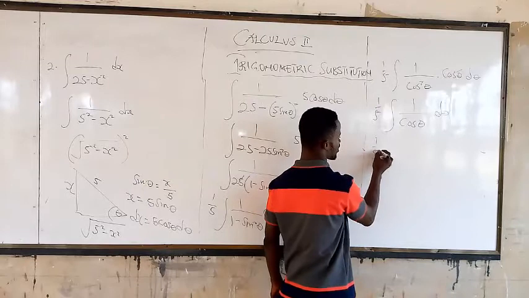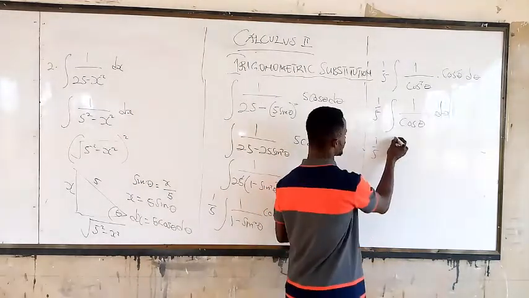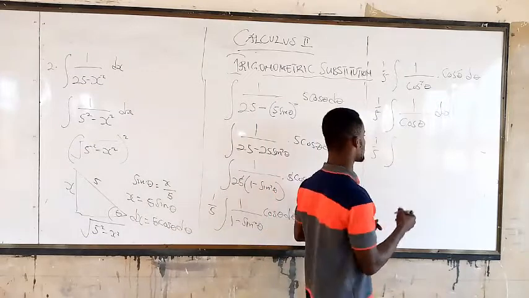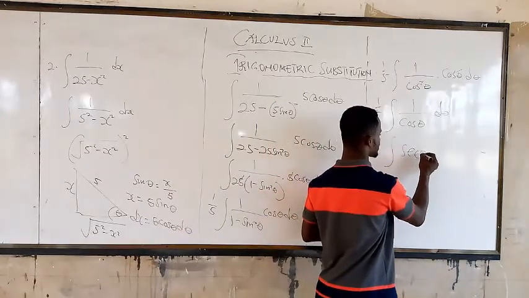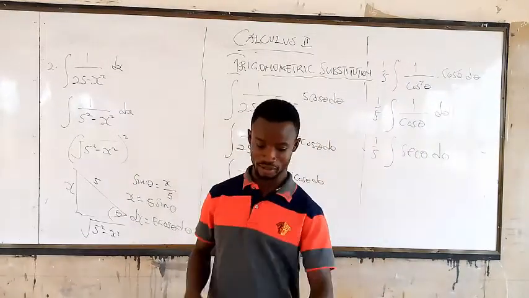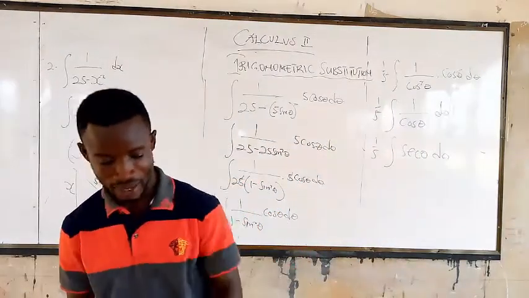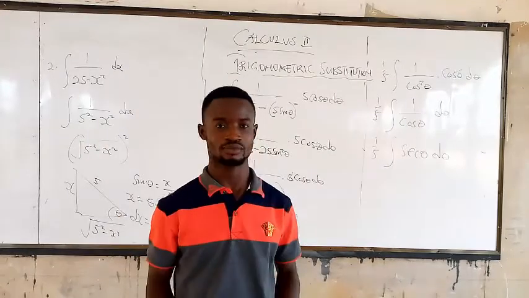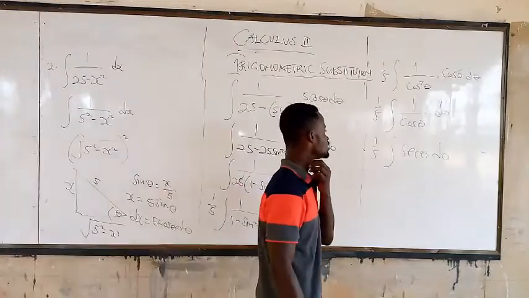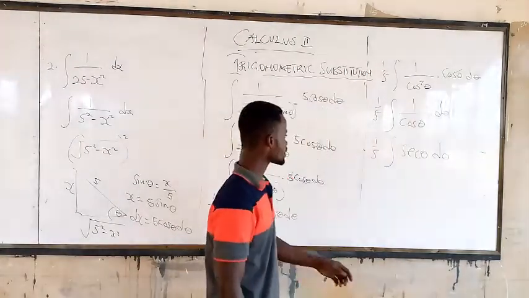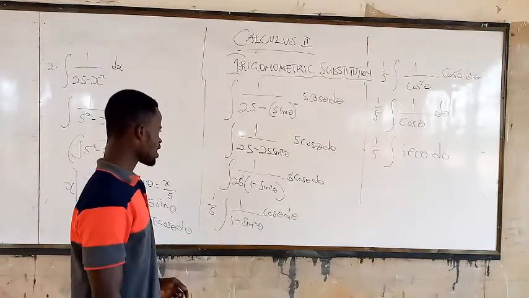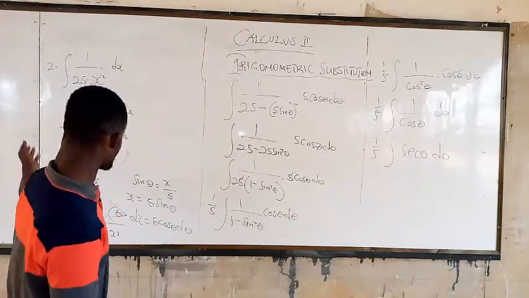Now, integral of 1 over cos is what? Sec. So here is sec theta d theta. Very good. So the question now coming here is, when you integrate sec, what are you going to get for that? So first of all, let's come back and check.